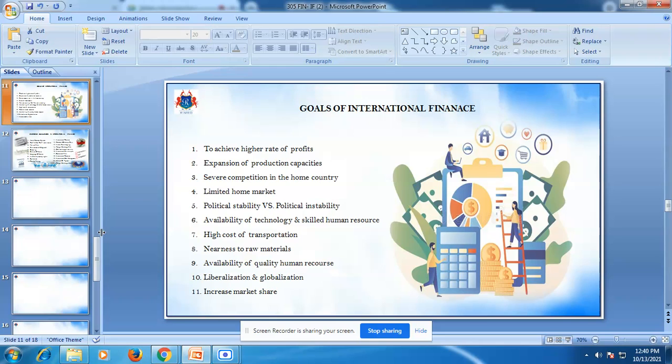Then the sixth goal is availability of technology and skilled human resources. Availability of advanced technology and competent human resources in some countries acts as a pulling factor for international companies. The developed countries, for this reason, attract companies from the developing world. American and European companies depend on Indian companies for software products and services through their BPOs.